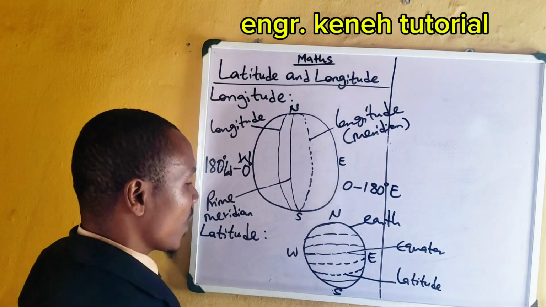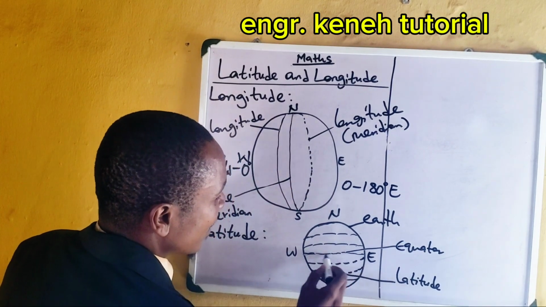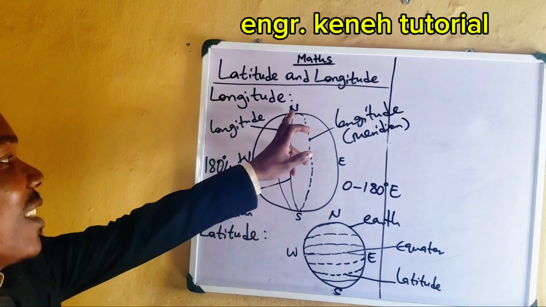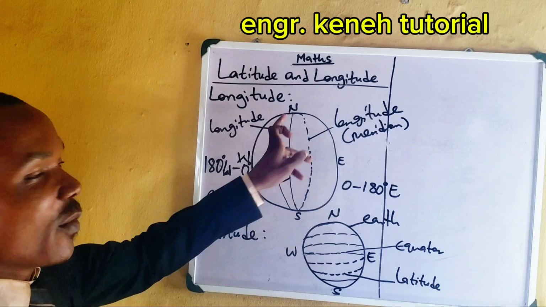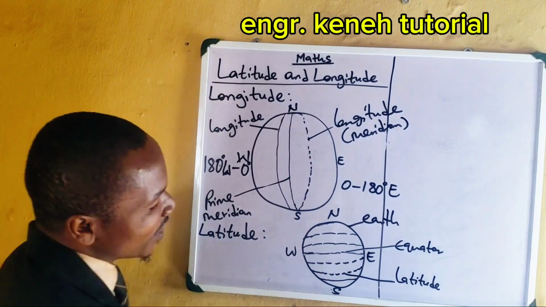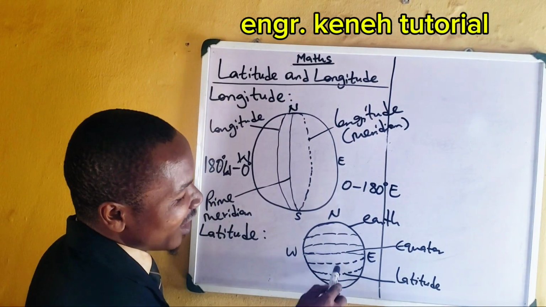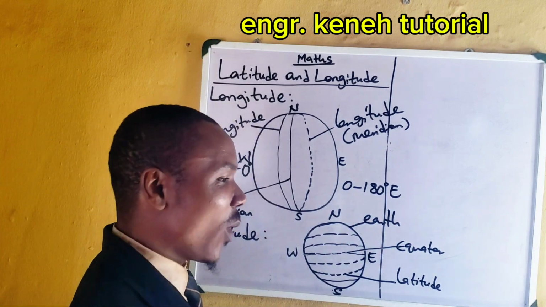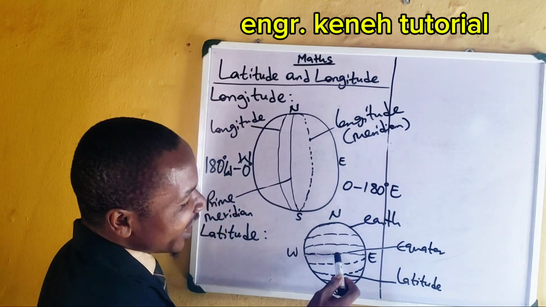All right. So at this equator, this latitude, everything here should be 0. Just like at the prime meridian, everything here is 0. So from this equator now, if you are going down like this, you notice that the angle will be increasing. You'll be having 1, 2, 3, 4 until you get to the maximum.